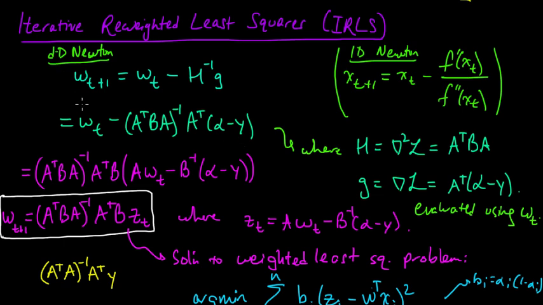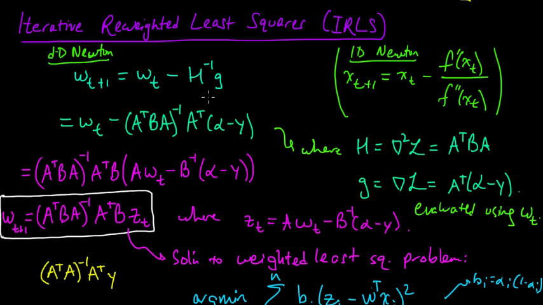I should maybe mention at this point that all of the remarks I made about issues that can come up with applications of Newton's method apply here. You might want to put a step size in here, like an epsilon_t.